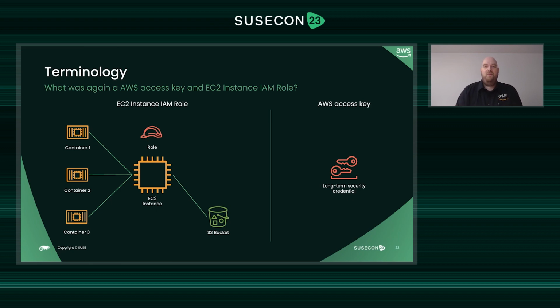So for a single application which is running on EC2, that's sufficient. That's actually a good way to grant permissions because it's only used by the single application. But if you have containers, Kubernetes workloads running on them, then it's actually a no-go from a security point of view.